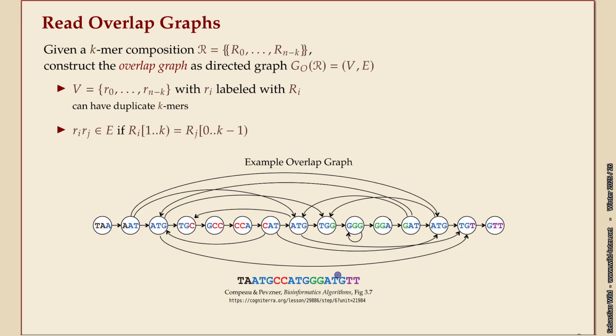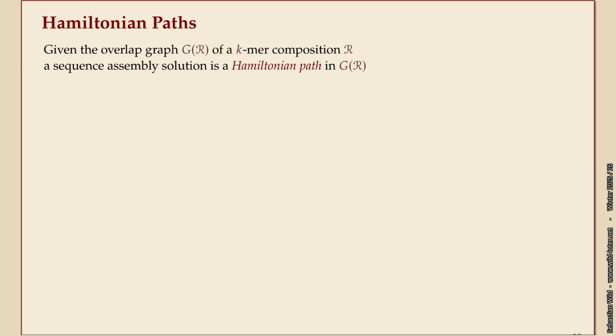So these things are called Hamiltonian paths in this overlap graph. In one way, that's good news. If something has a name, you can Google the algorithms for it. It's also bad news because we already know that this is a hard problem. So we kind of reduced our problem, if you want, to finding Hamiltonian paths in this overlap graph.